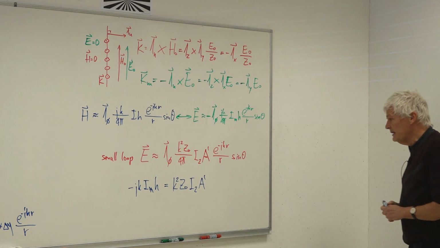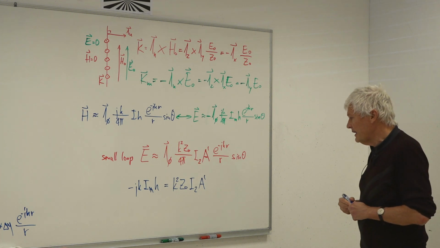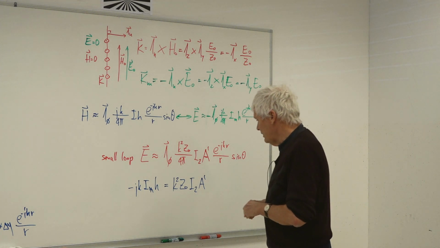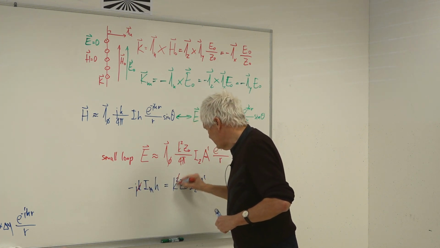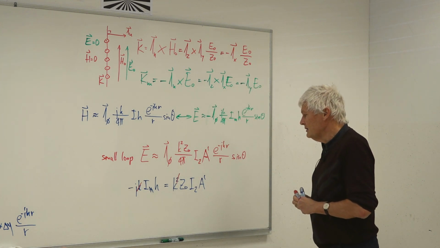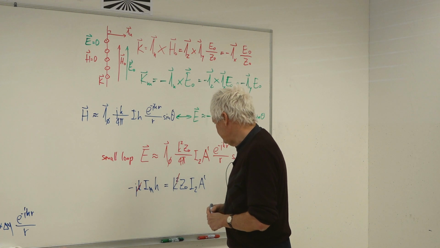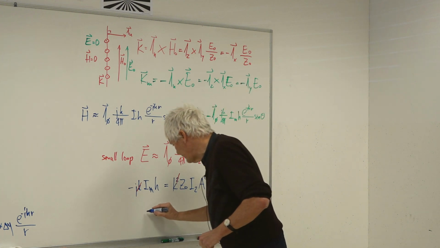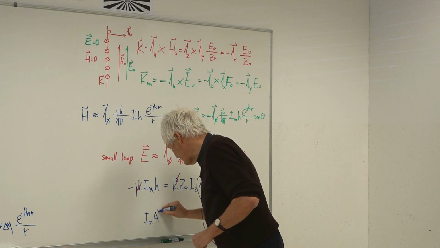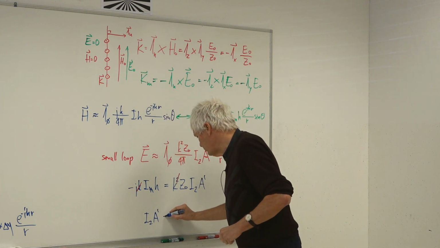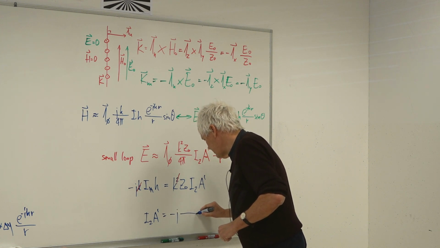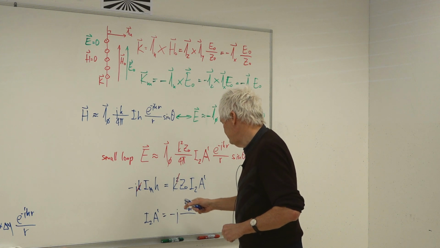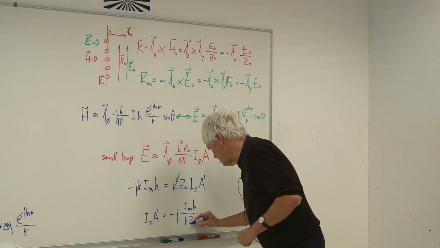We could just calculate now the required quantities we have here, so we can cancel out one of the k's. This k we can cancel with this square here. So we get the equation that our I2 times A prime should be now equal to minus j E magnetic times h divided by k z0.